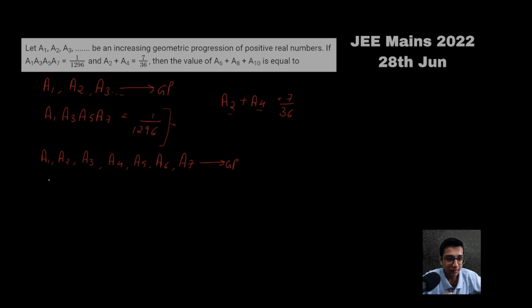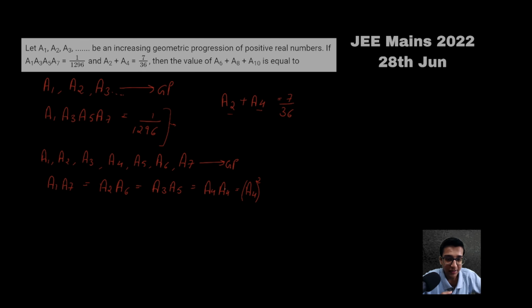That means A1 into A7 would be equal to A2 into A6, would be equal to A3 into A5, and would be equal to the middle term squared, A4 into A4, which makes it A4 square.